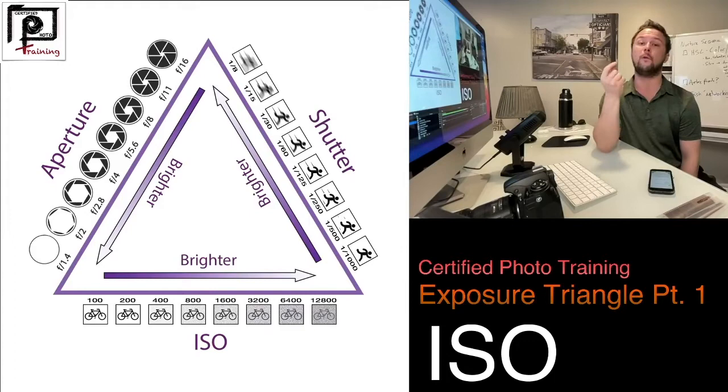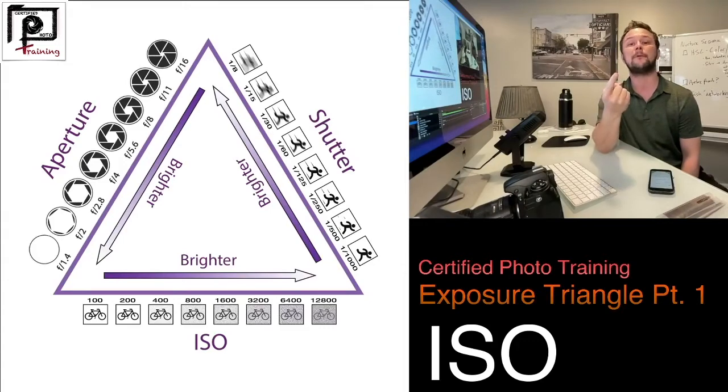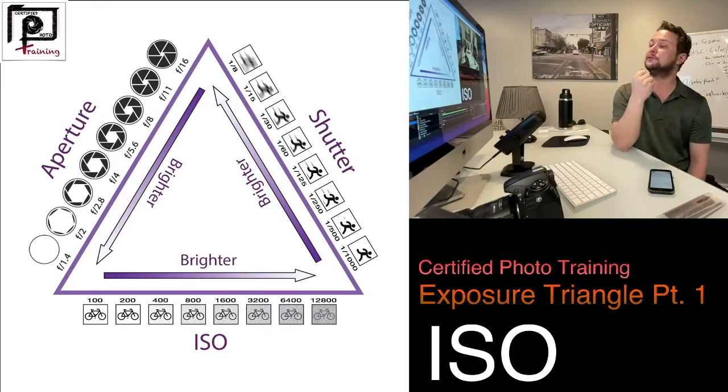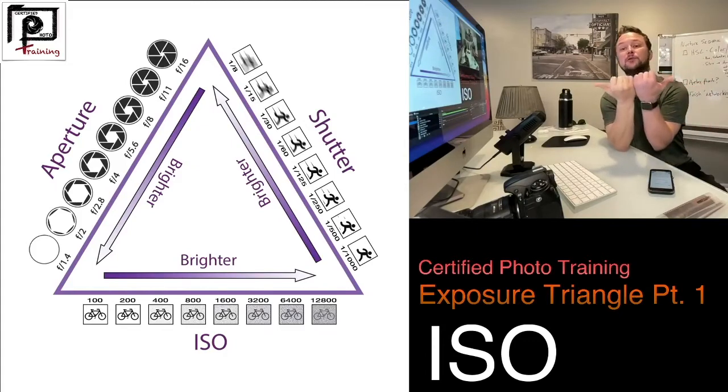So when you go from 100 to 200, you're actually getting twice as sensitive to light. So we call that one stop, all right? Now when you go from 200 to 400, you're getting 2 times, okay? So that's 2 stops. Every time you double your ISO, you're actually getting +1 stop of light or -1 stop of light, depending which way you're going.